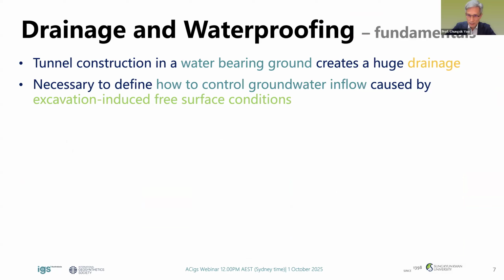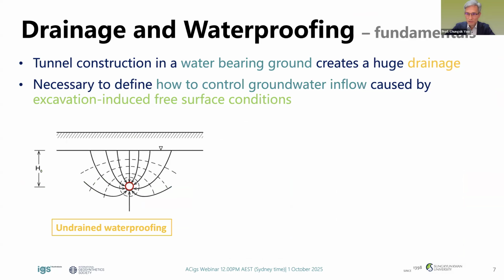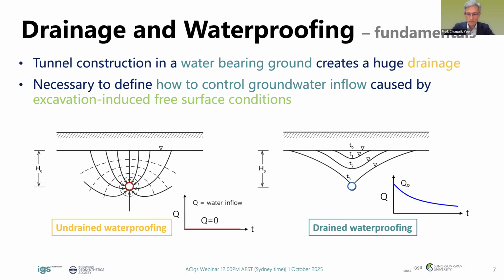Okay, as you can see, and also you can imagine, constructing tunnels below the groundwater table creates a significant drainage system. Therefore, it is essential to clearly define how groundwater inflow will be managed, whether through undrained waterproofing or drained waterproofing. In undrained waterproofing, a complete sealing system is applied and prevents the drawdown of groundwater table.